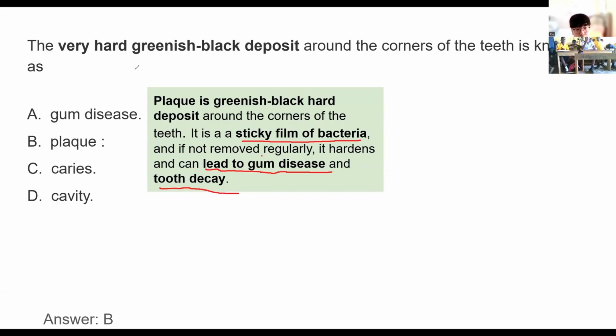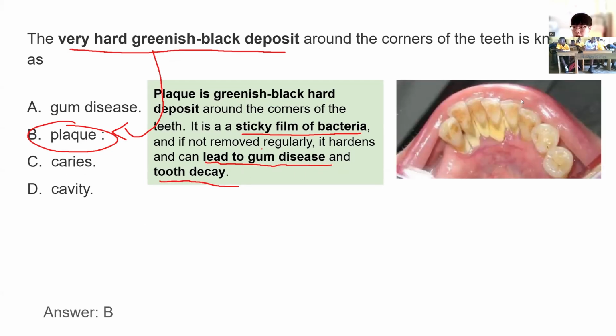But this very hard greenish black deposit itself is called a plaque. It can lead to gum disease and tooth decay, but it's not the direct description.